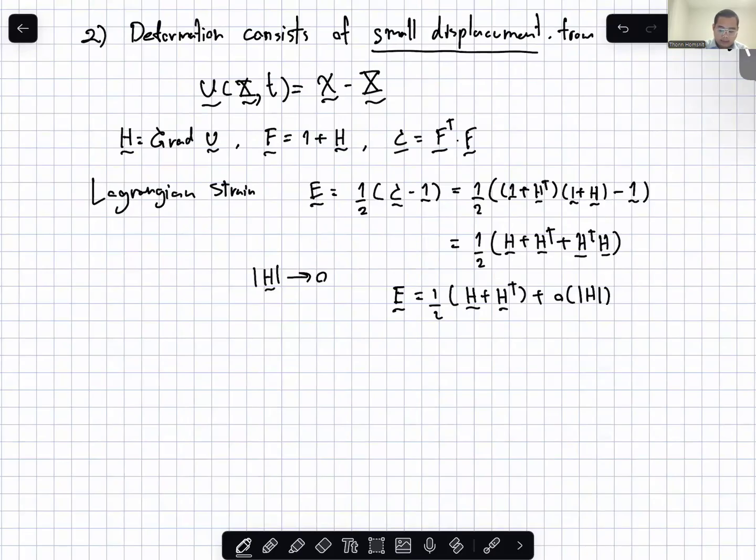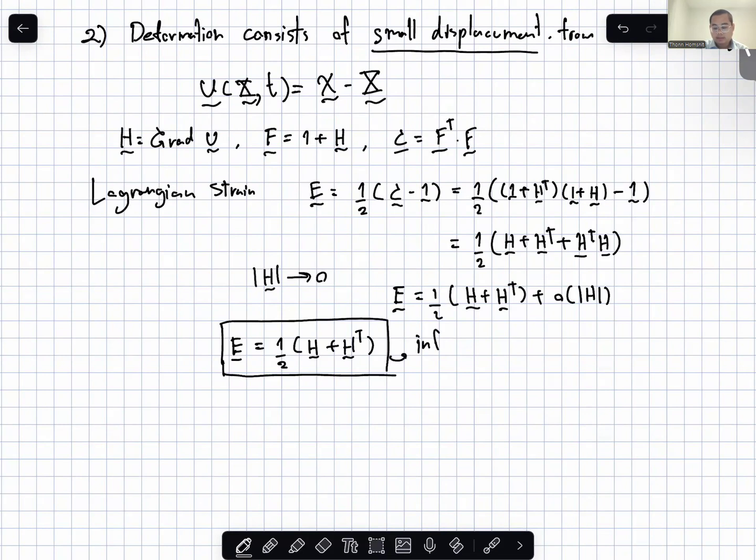So for the small deformation that has the small displacement, we can just say that the strain is just 1 over 2 times the displacement gradient H plus the transpose of the displacement gradient. Okay, this is the second assumption.